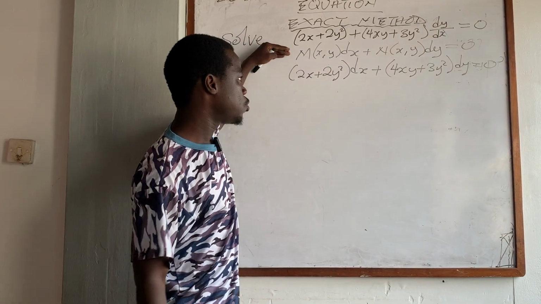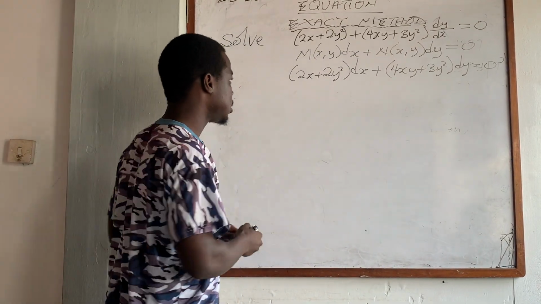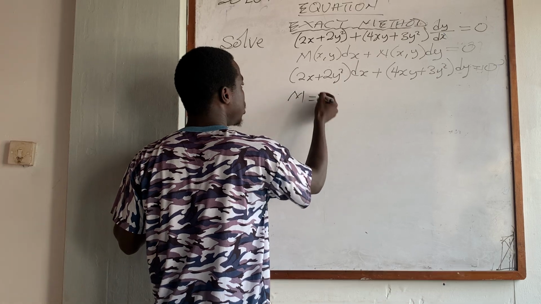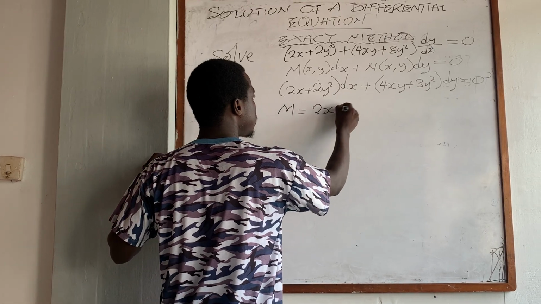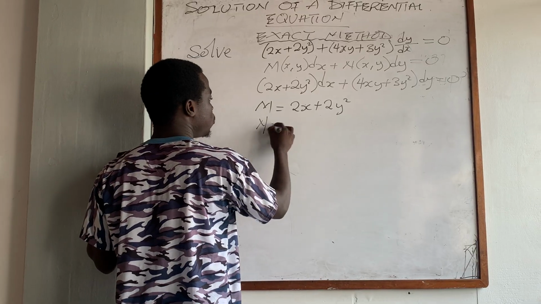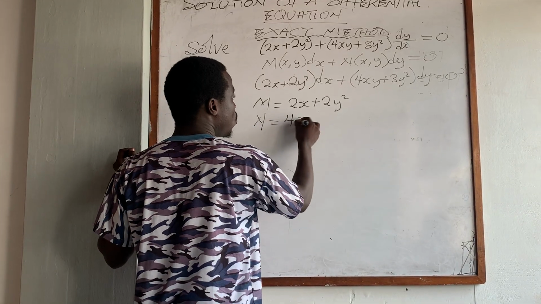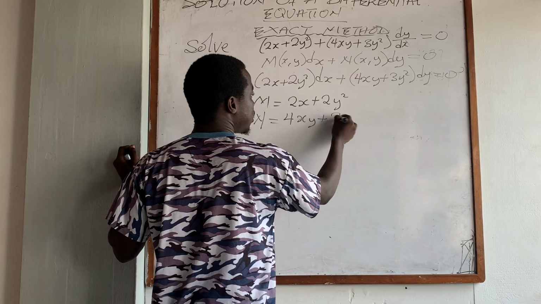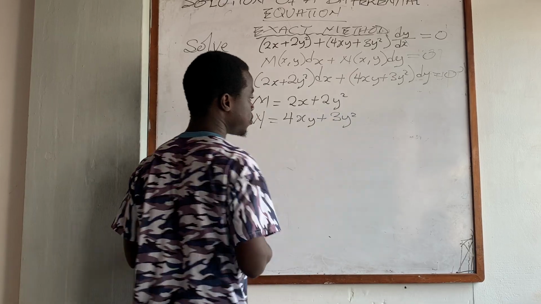So if you compare this one to this, here I can say that my M here will be equal to 2x plus 2y squared, and my N here will be also equal to 4xy plus 3y squared.